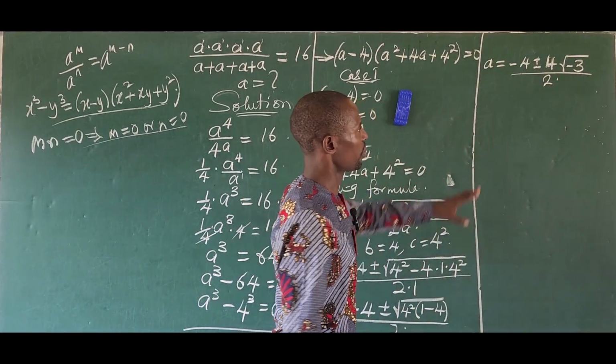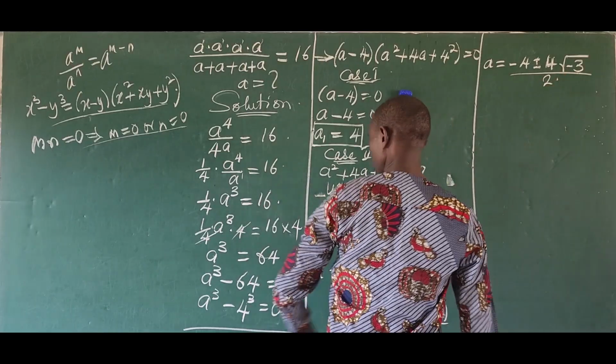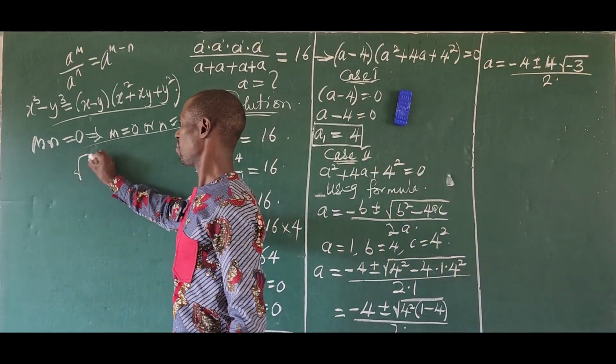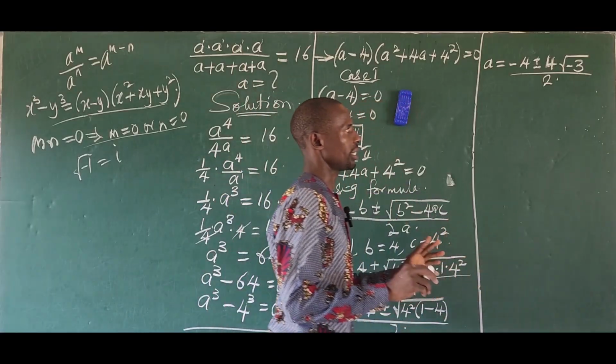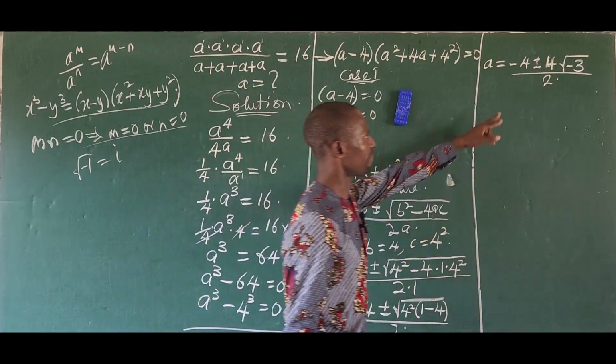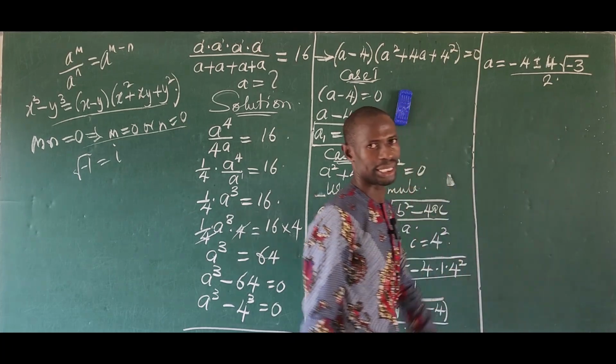Wow. So we can rewrite this. Remember that the square root of minus 1 is equal to iota. So we can bring iota into the system. And here we can factor out 2 because we're having 2 at the denominator.